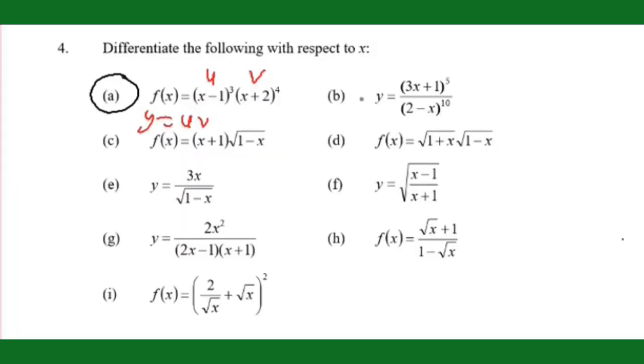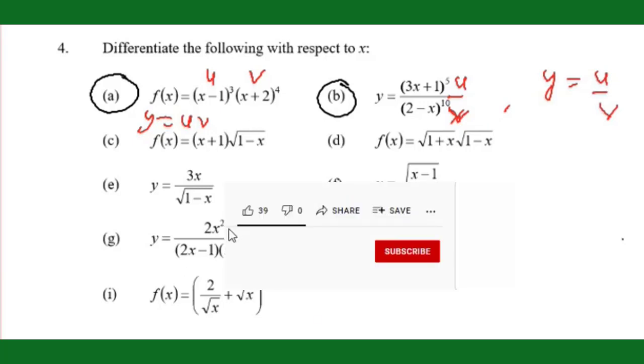So for part B, this one is u over v. Okay, so y equals u over v, the quotient rule. We are going to discuss A and B, and the concept applies to all the questions. For B, y is equal to (3x plus 1) to the power 5 over (2 minus x) to the power 10.